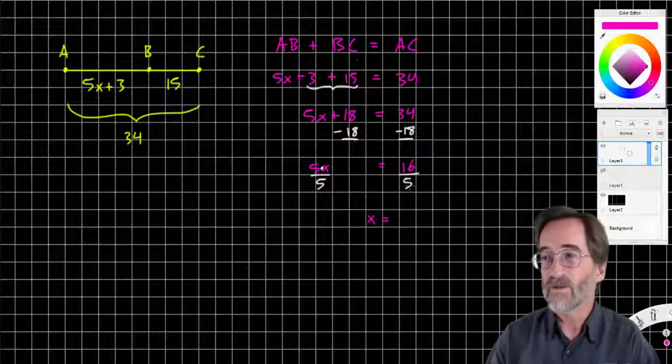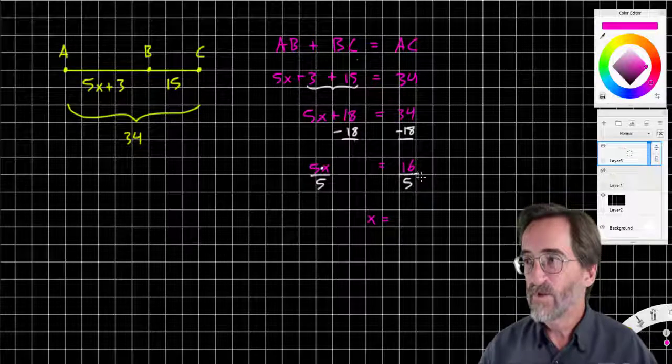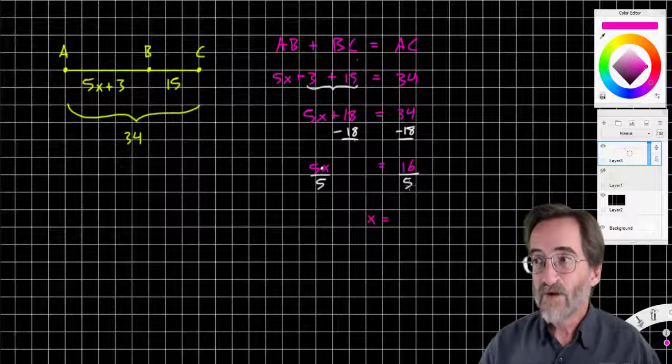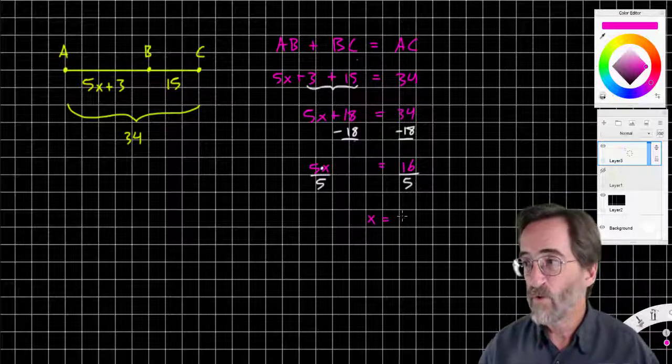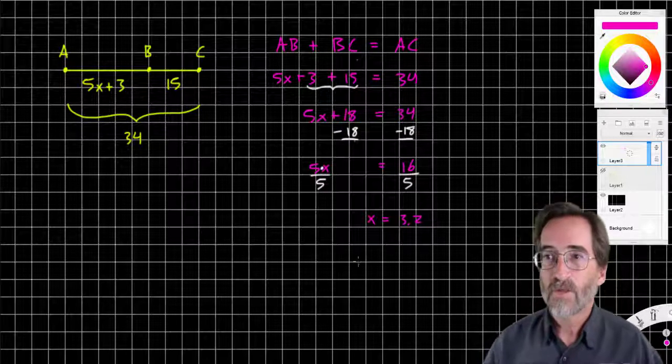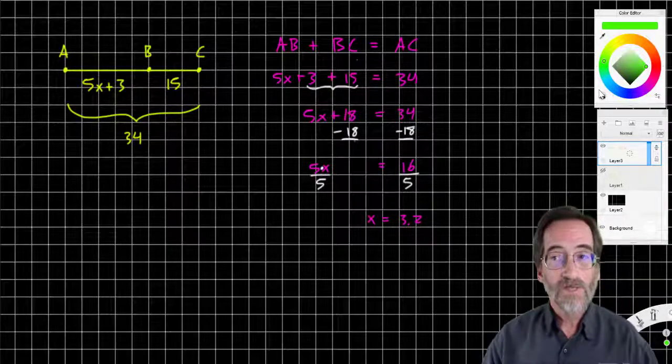Doesn't go evenly. So we just divide using a calculator or using our heads. 15 divided by 5 is 3, so we have 1 left over. 1/5 is 0.2. So 3.2.